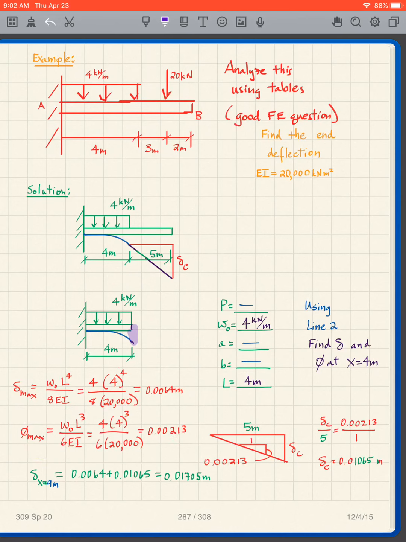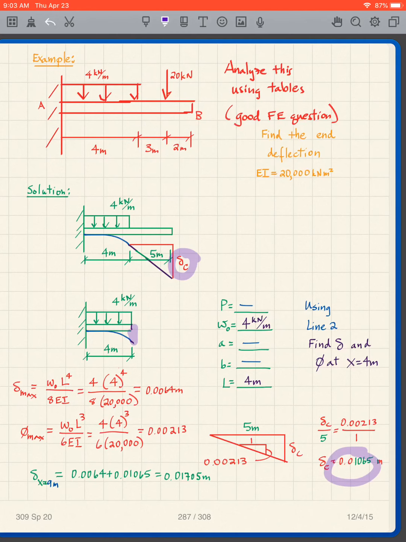I then use my triangles here, one with the slope, the other showing the 5 meters, and we use that little triangle to get that delta C is 5 times the slope, and so we get the 0.01065 for that portion, and this portion we've already computed to be 0.0064.